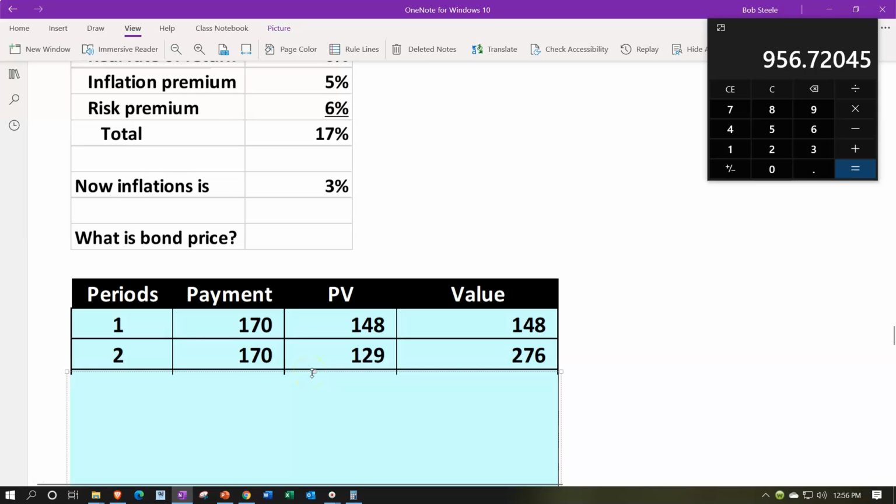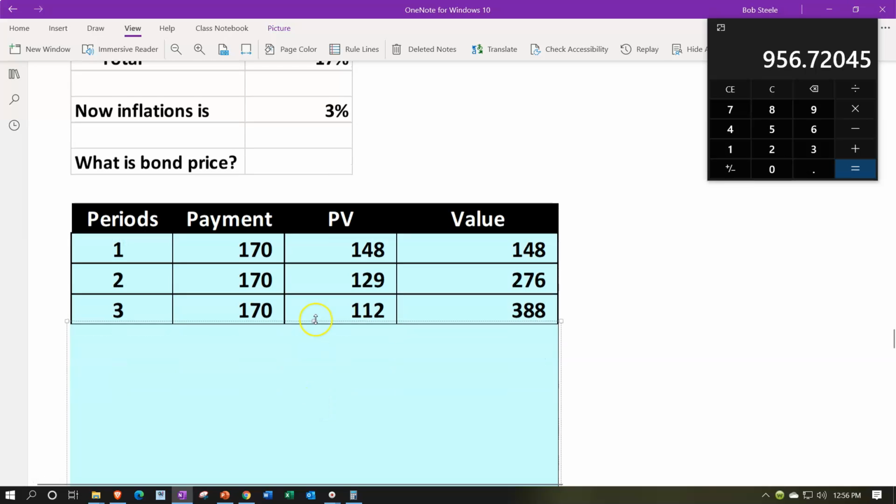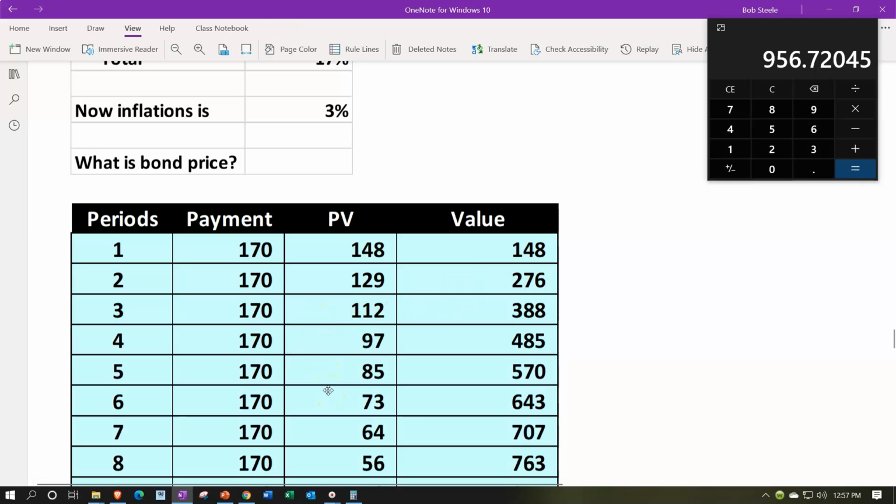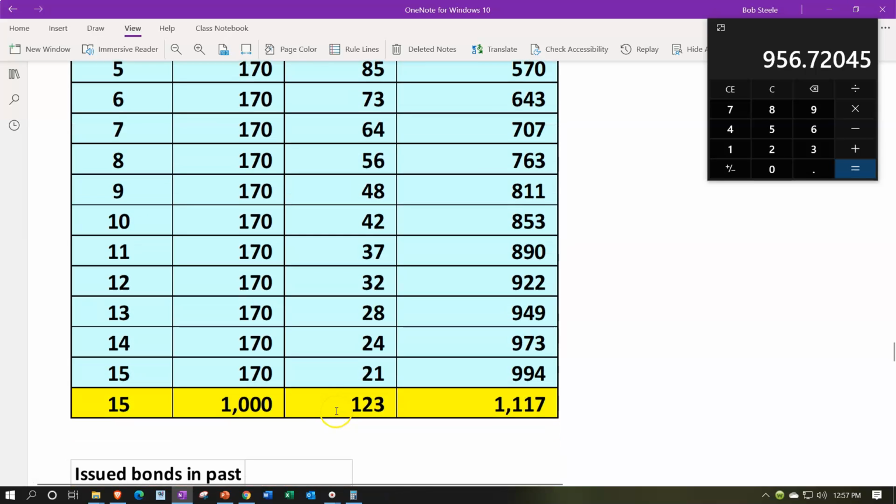The 129 plus the 148 gives us the 276. The third payment of 170 would be pulled back 3 periods to give us 112. 112 plus the 276 gives us the 388, and so on for 15 periods, which would end off after those 15 periods at 994 without the pennies. Again, the same number we got prior, but no pennies.